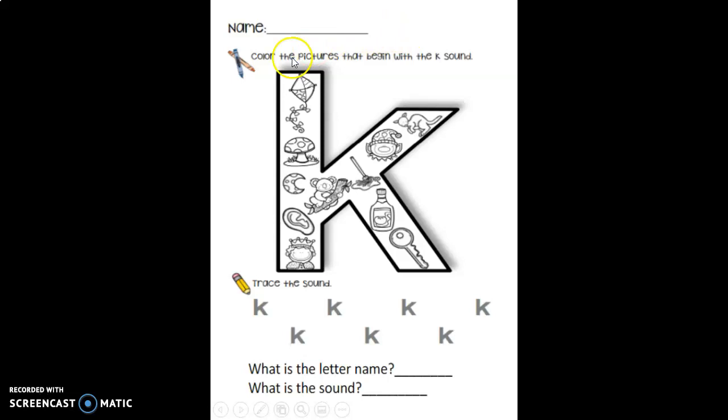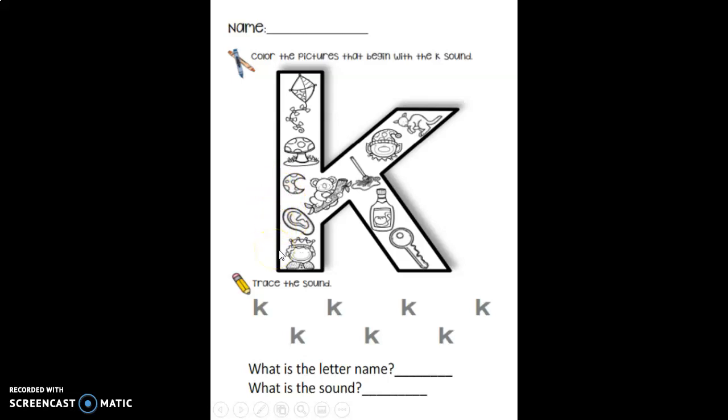This is the first letter, K. The K sound is K, K, K, K. Remember, you're going to name the pictures and you're going to circle them. This is a kite. Does it start with a K? Kite. Mushroom, the next one. Moon. No, I'm sorry. Cookie. Ear.